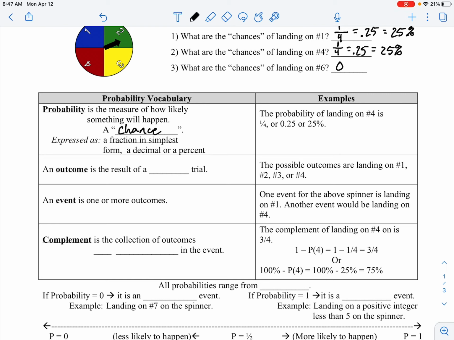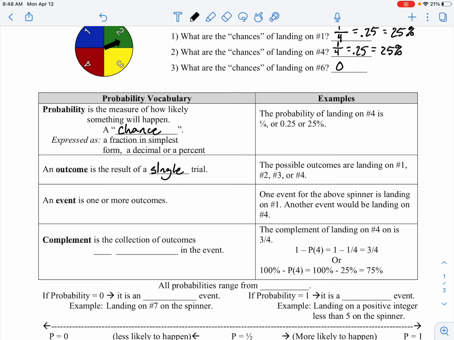Alright, now an outcome of an event is the result of a single trial. So the possible outcomes are landing on 1, 2, 3, or 4 in our example above. If I spin the spinner and I land on 2, then that would be an outcome. 2 would be an outcome of a single spin. Alright.